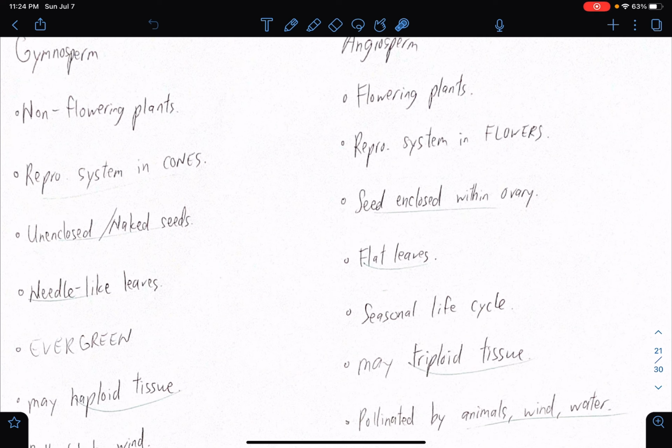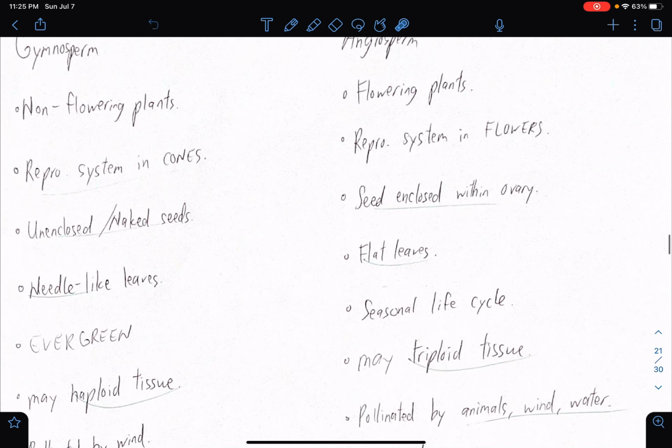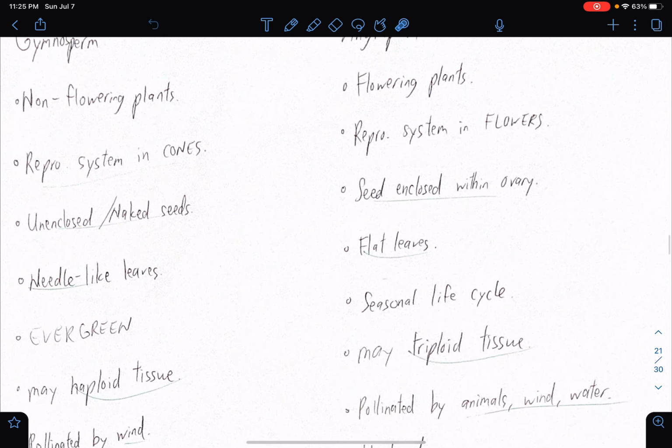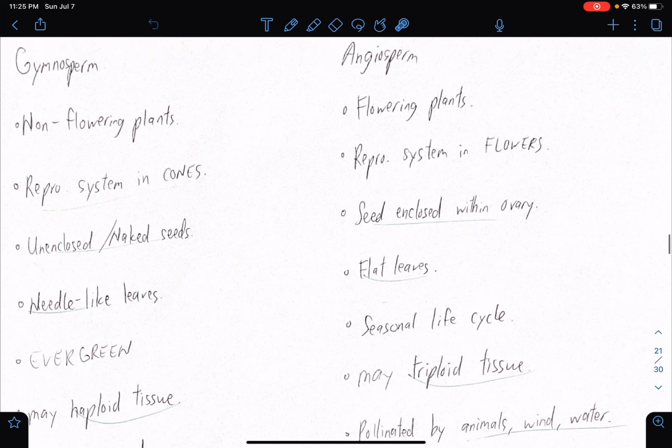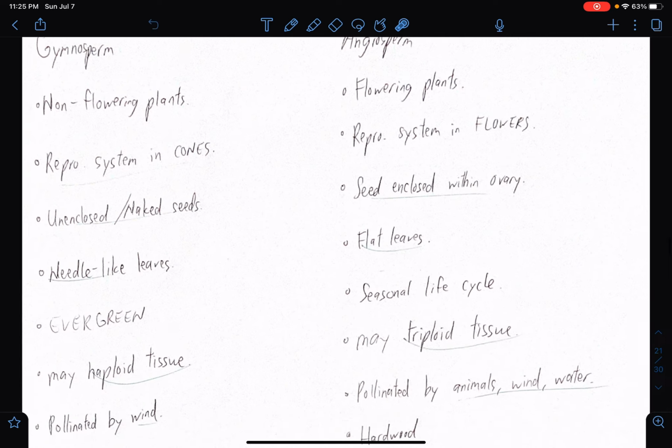So I suppose it has something to do with the change of color every season: winter, autumn, spring, summer, something like that. But for gymnosperms, I guess they don't change color, among other things. Gymnosperms have a haploid tissue. For angiosperms, they have a triploid tissue.